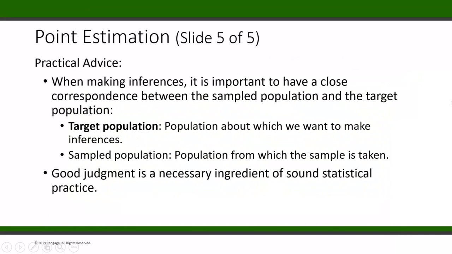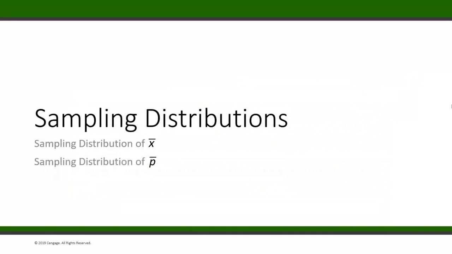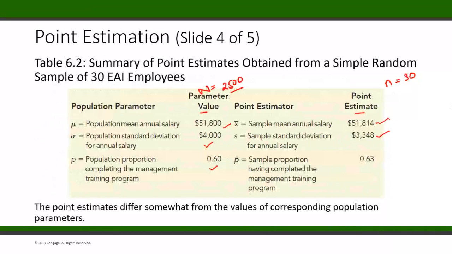So this is more information about what you should actually do about your target population, and when we need good judgment. So this is the point estimate. This finishes the first half of this chapter.